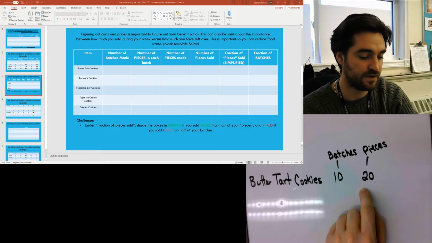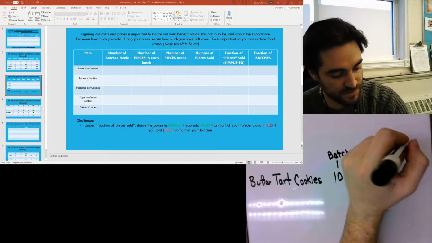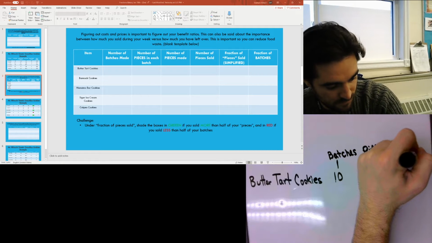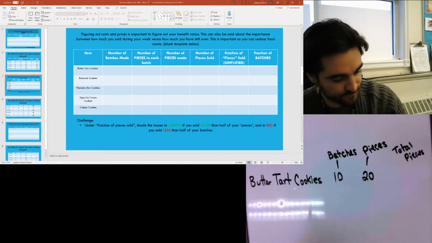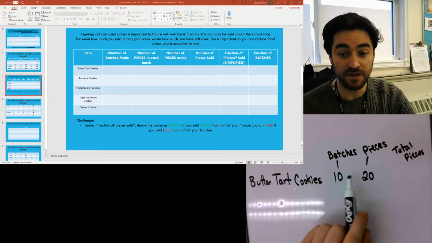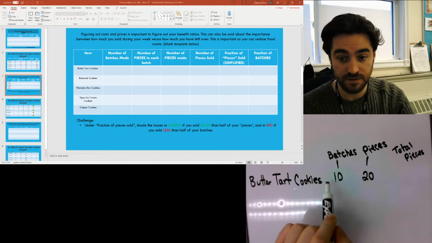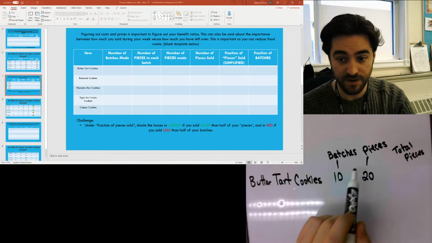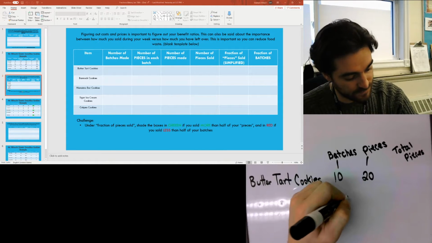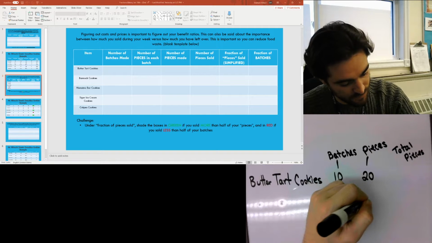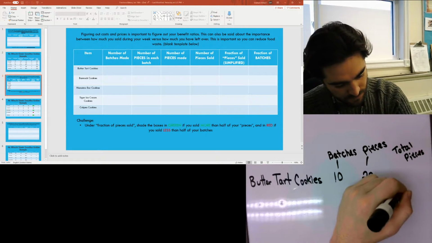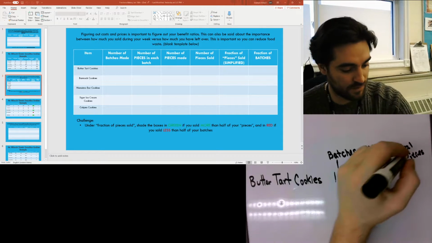So to find my total pieces, the only thing you have to do is multiply the amount of batches by the amount of pieces in each batch. So 10 times 20 equals 200 pieces. Okay?